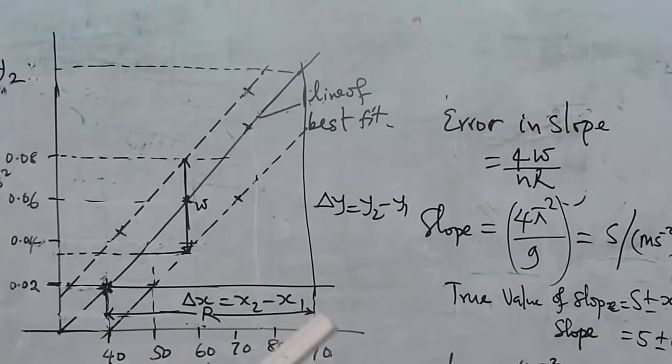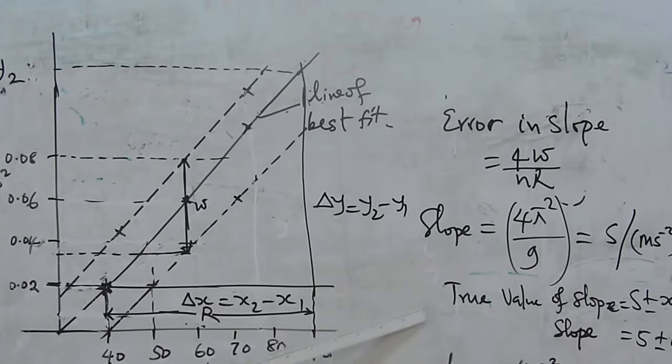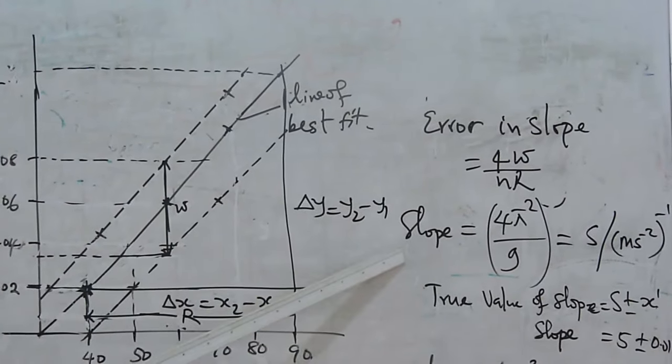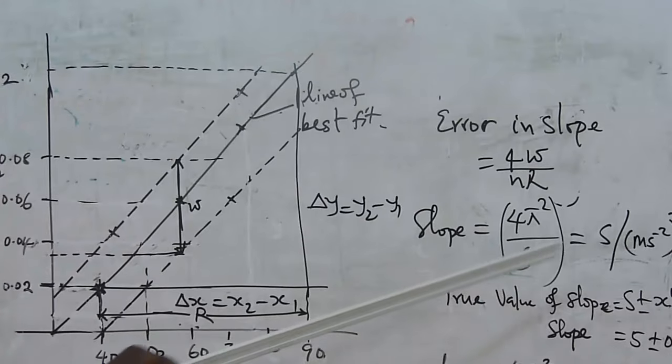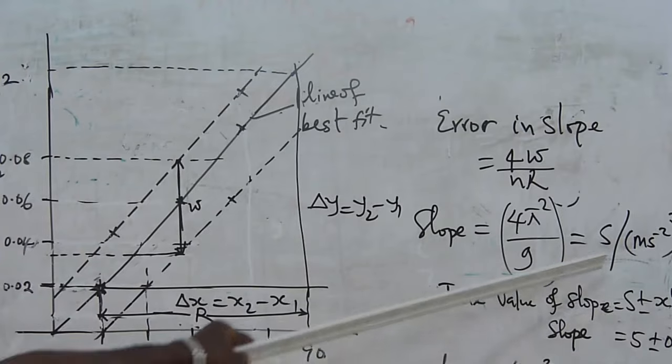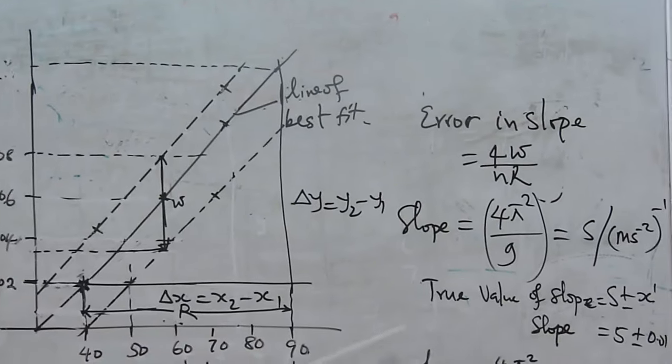When you find your error in slope, that error must be added to the slope in this way, so that the true value of my slope, assuming my slope from the line of best fit is given as x in the units, will be what?